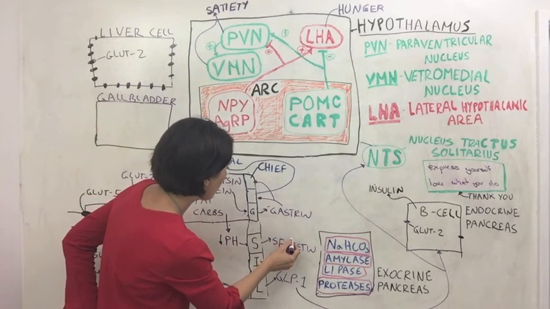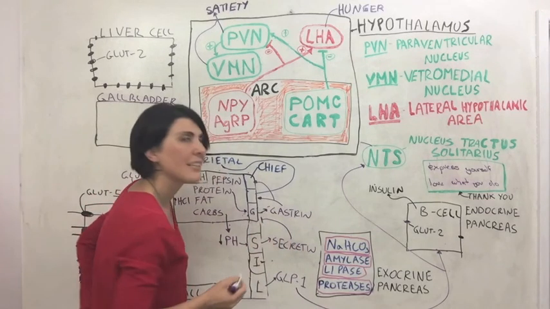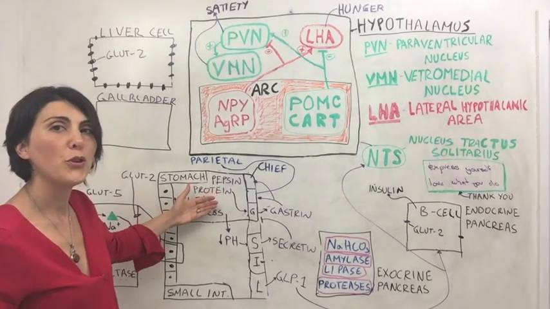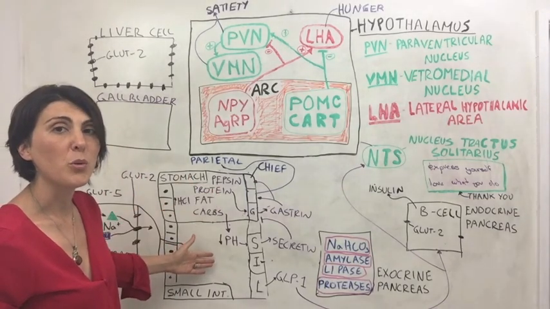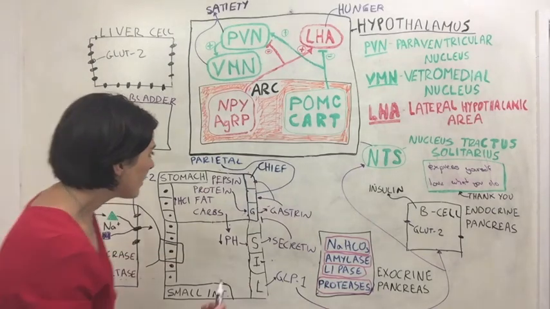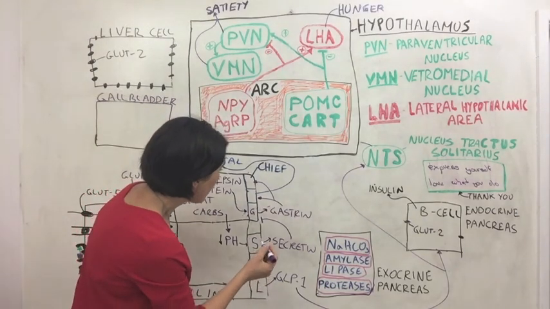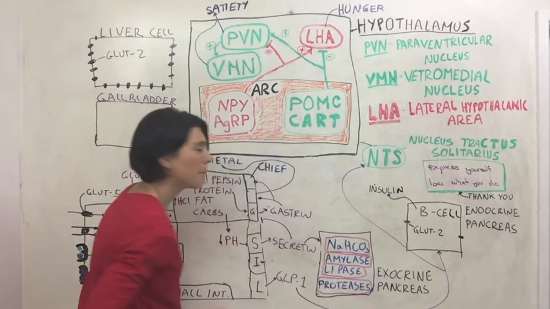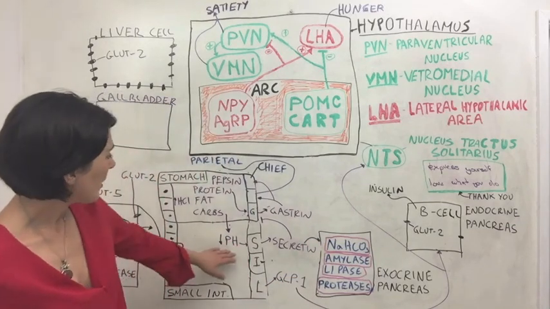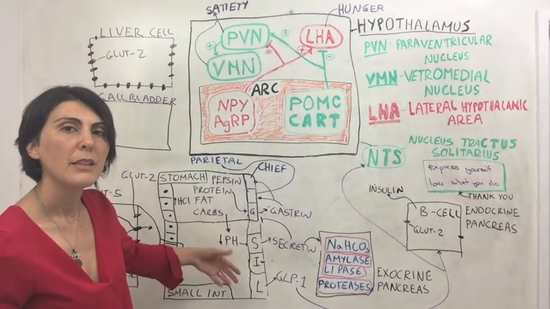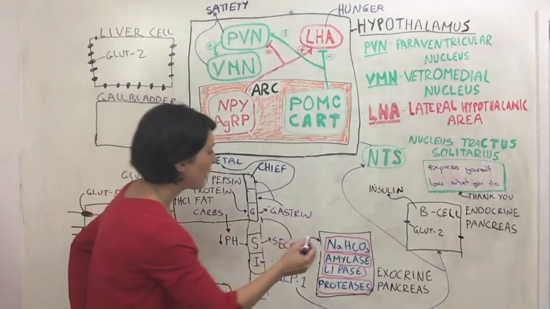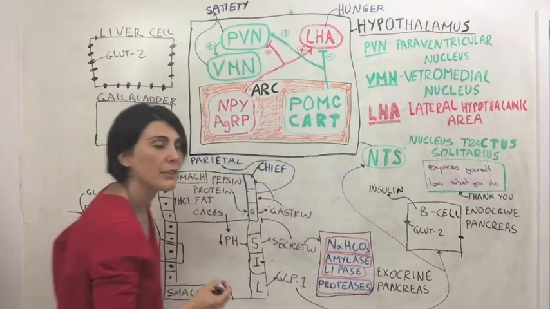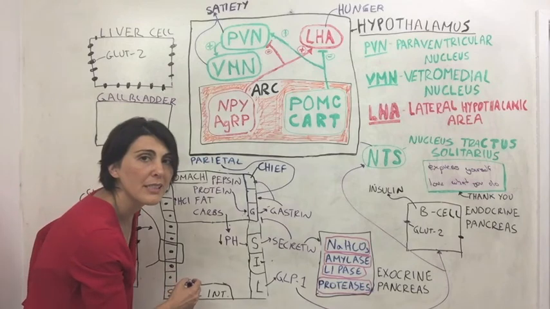Secretin can go and inhibit gastric emptying. So that is, it slows down the movement of food from the stomach into the small intestine. Secretin also acts on the exocrine pancreas to counteract the acidity, the increase in hydrogen ions, by causing the release of sodium bicarbonate into the intestine.